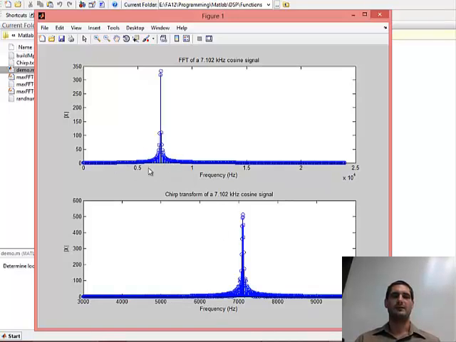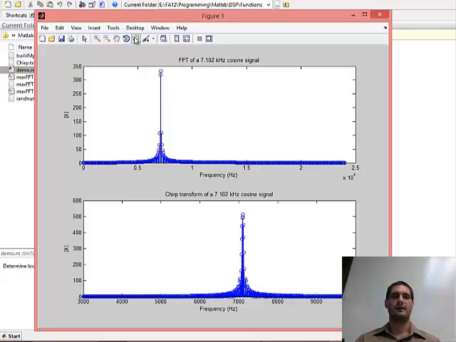As you can see, we're going from 0 to half of the sampling rate, which was set to 48 kilohertz. And notice how the chirp Z transform zooms in on the spectrum right in this area. Since we have a 7.102 kilohertz signal, we expect the frequency content analyzed by these two transforms to be close to this.